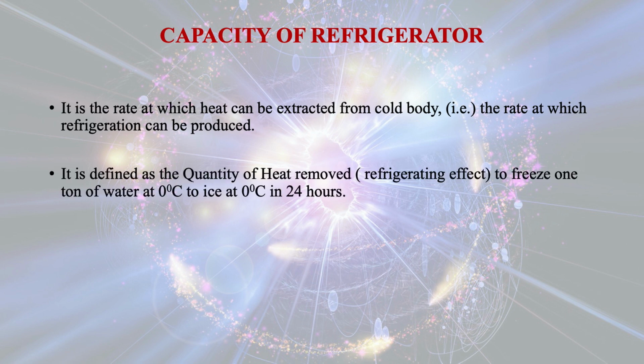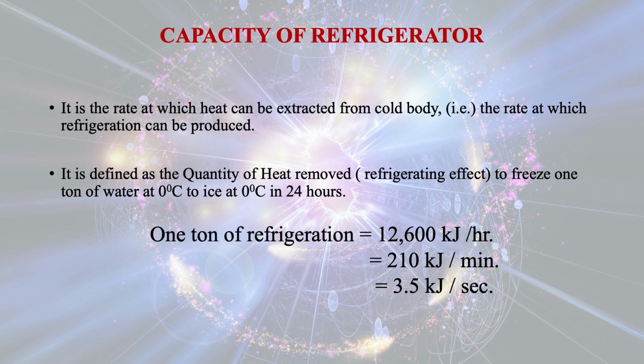It is defined as the quantity of heat removed, that is refrigerating effect, to freeze 1 ton of water at 0 degree centigrade to ice at 0 degree centigrade in 24 hours. So 1 ton of refrigeration is the cooling rate equivalent to 12,600 kilojoule per hour, that is equal to 210 kilojoule per minute, that is also equal to 3.5 kilojoule per second.